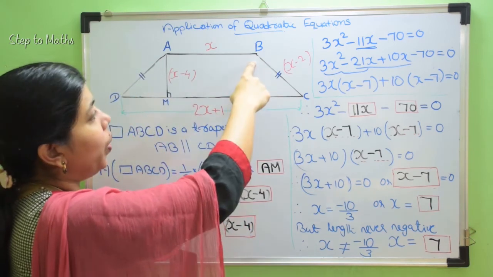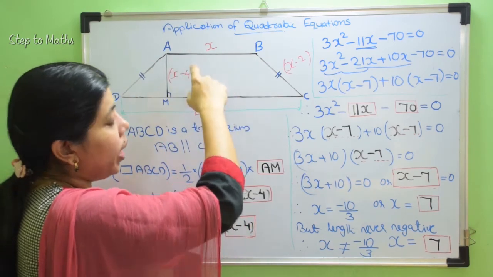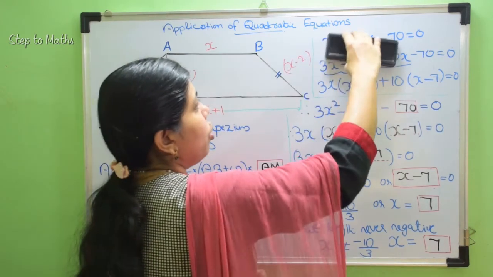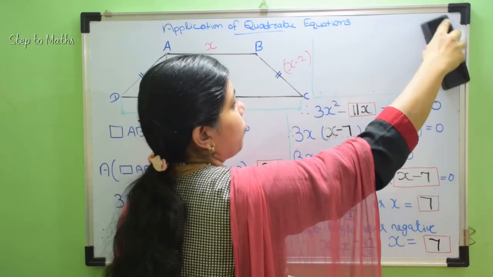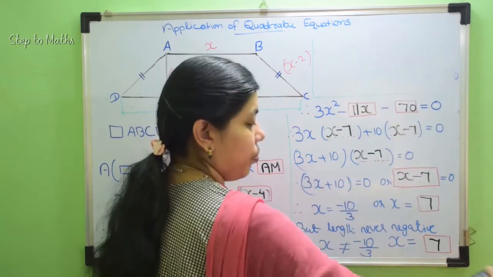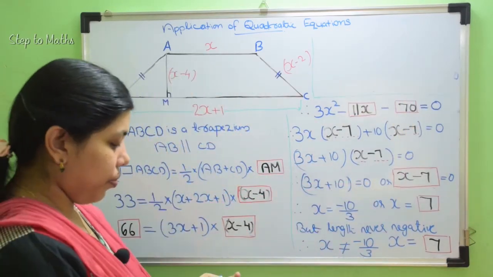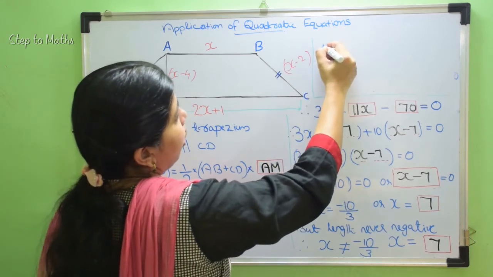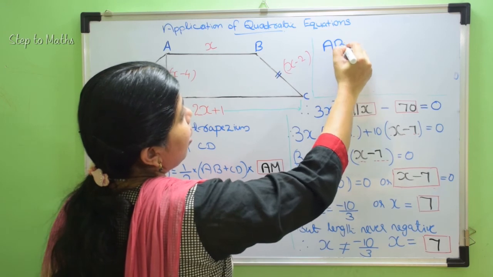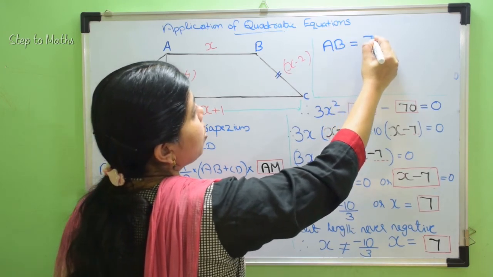That means we get the length of the side AB, AB equal to 7.